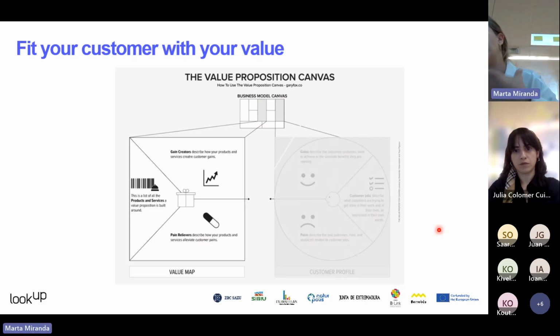Then the second part is that we have to fit our value proposition with the activities, the pains, and the gains of our target customer. Again, we will start with this box of the value proposition canvas, where we list the products and services that we propose as part of our value proposition in order to check the activities of our customer.